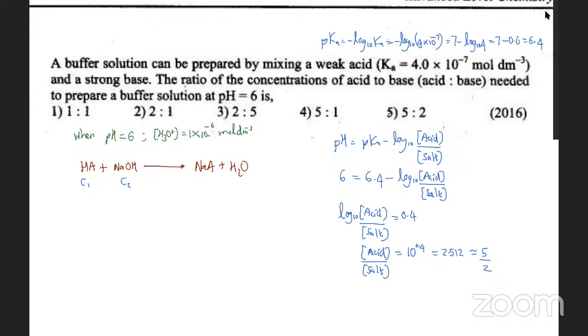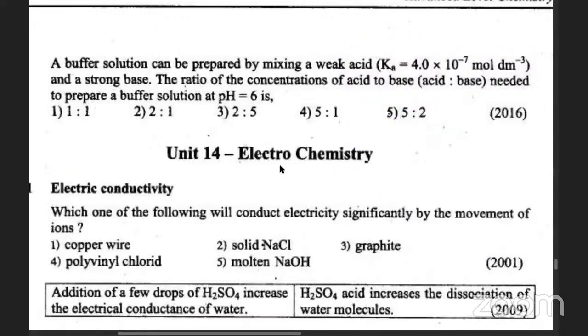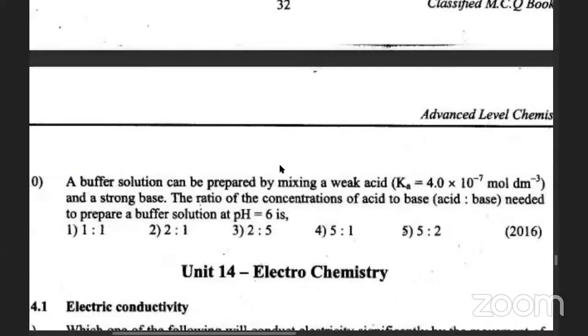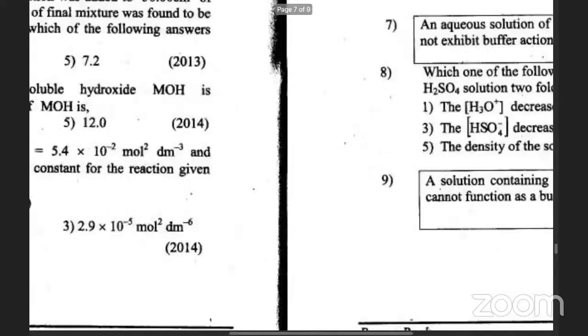Because they have not given the volumes, without knowing the volumes we can't find out the number of moles and remaining number of moles. They have not said they are mixing equal volumes, so probably they are going in this direction. Right, the answer is the fifth one. And then we'll move on to the other questions.